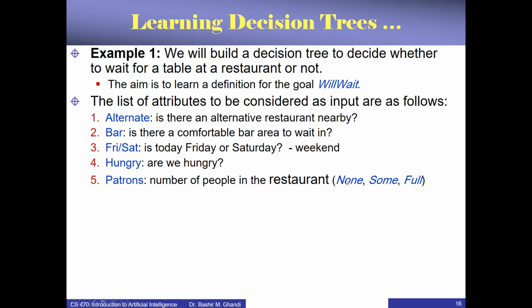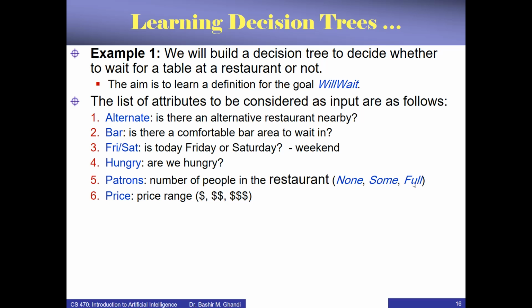Alright, so the answer here is not necessarily Boolean. There are three possible answers. None, there are no customers, so that will be odd. If there are no customers at all, something is fishy. Okay, there are some customers, and the restaurant is full.